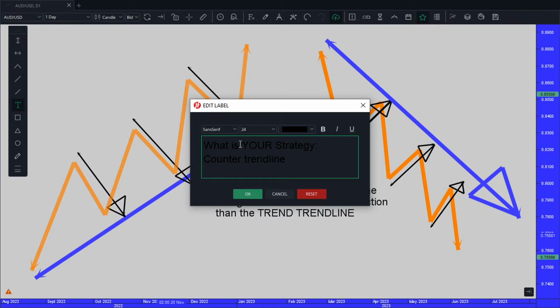Counter trend line break is a signal tool, a timing tool.